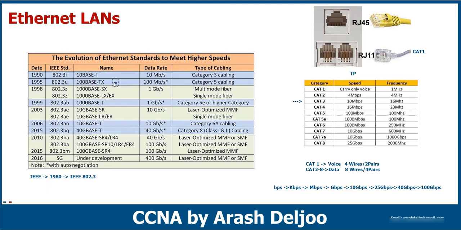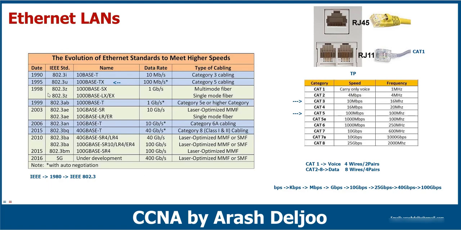The second standard, as you can see, was released in 1995. This is the Cat 5. Here we skip the Cat 4 because the Cat 4 was used for token ring, not Ethernet. Because of that, here we have the Cat 5. Cat 5 had 100 megabit per second, okay, and with some capabilities we call auto negotiation. You will learn about them. As you can see here, we have another code, IEEE 802.3u. This is the standard of the IEEE.